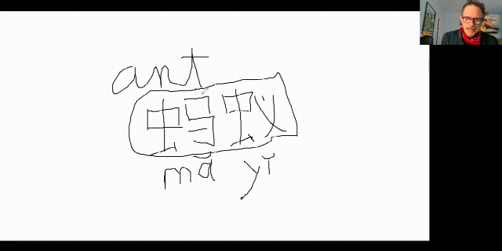One of the interesting things about the word ant in Chinese is that it has in it this part of the character, which is, and this is a surprise for me, the character for horse. So that when we say the word ant in Chinese, we're saying insect, horse, insect, and then we have this part of this character which stands for justice.